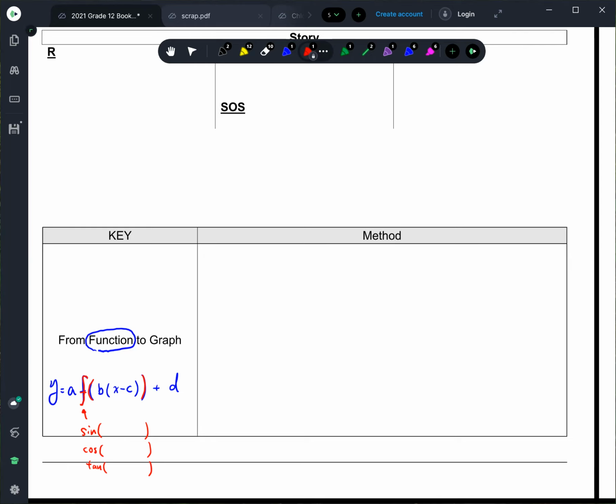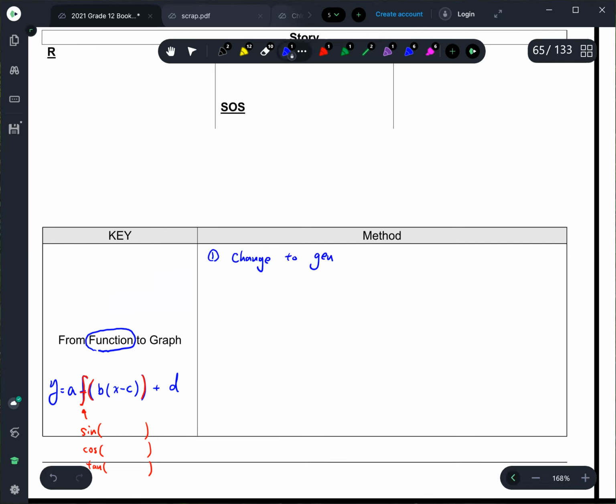So writing out in this form, first of all, you need to put it in the form so you can tell the ABCD. So your step 1 is to change to general form.